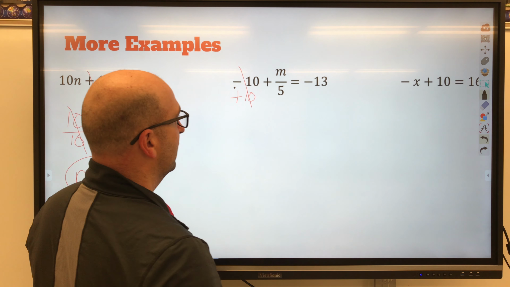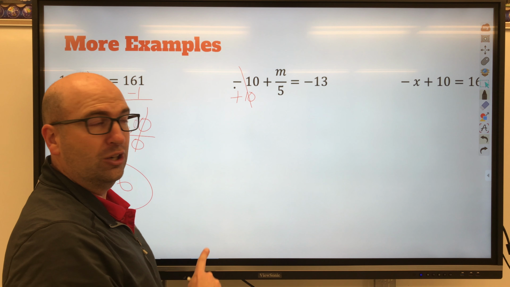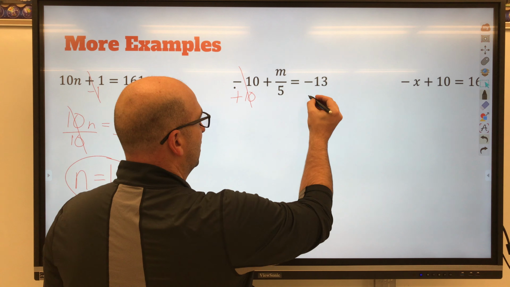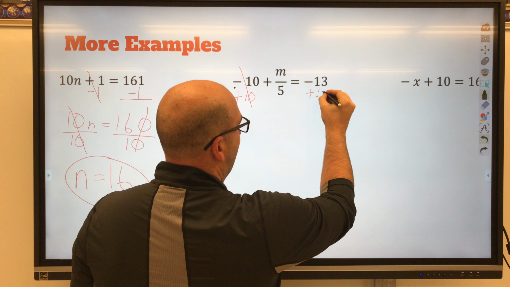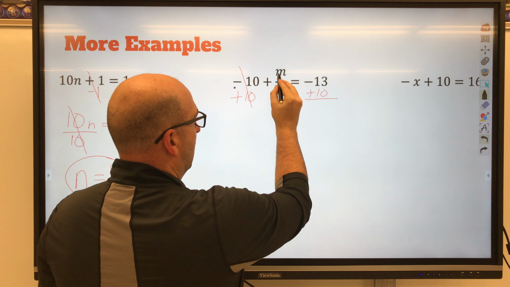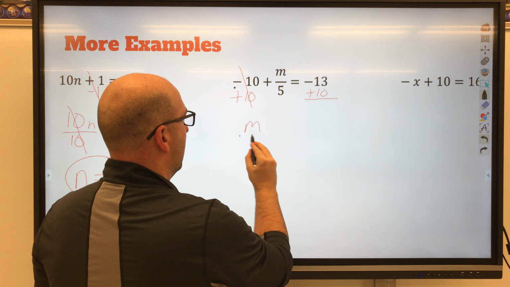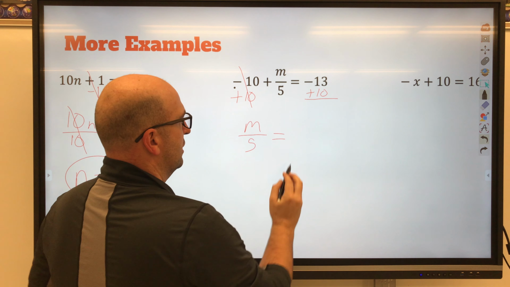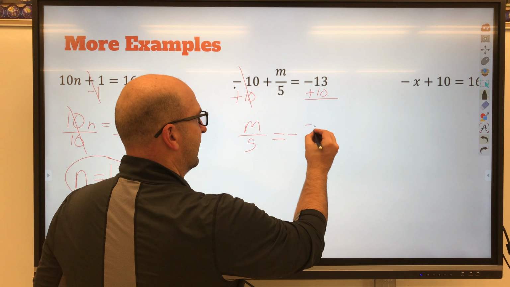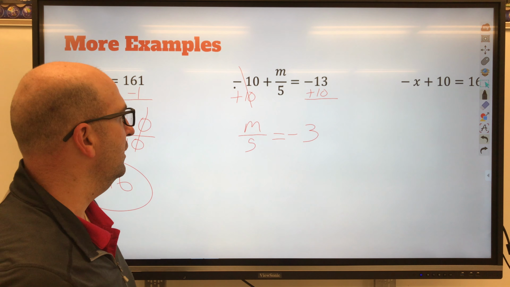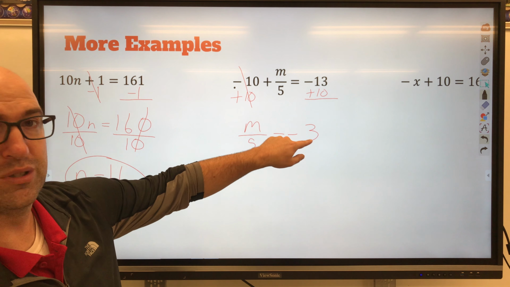It eliminates it. What I do to one side of the equation, I must do to the other. Since I added 10 on this side of the equal sign, I have to add 10 over here. I'm going to bring this part down. M divided by 5 equals negative 13 plus 10 gives me negative 3. M divided by 5 equals negative 3.